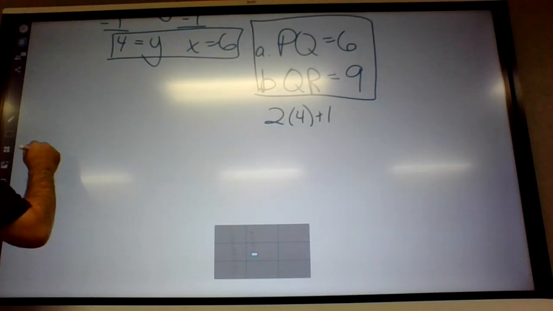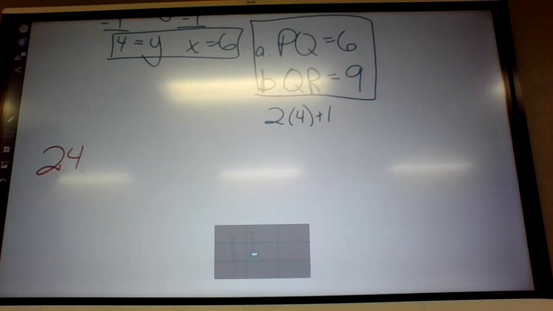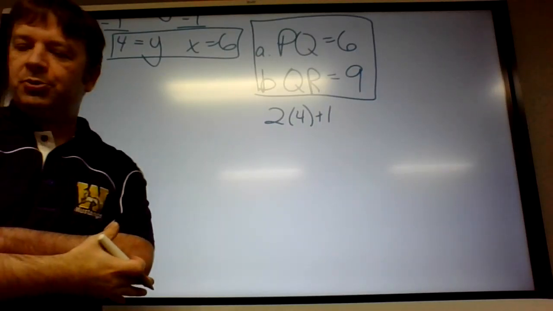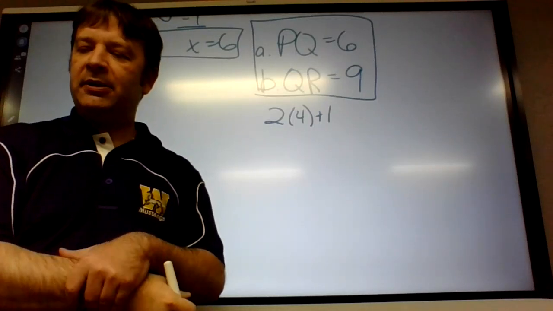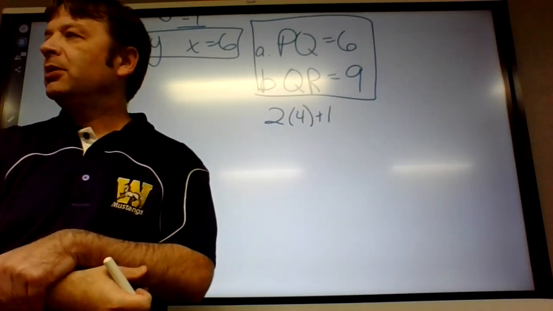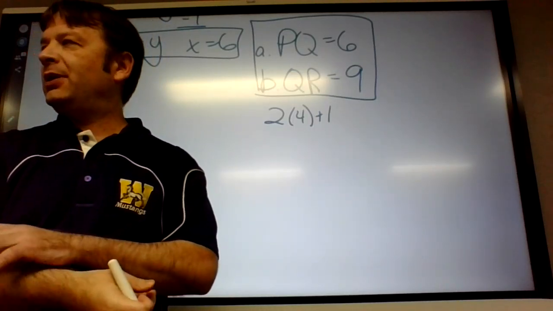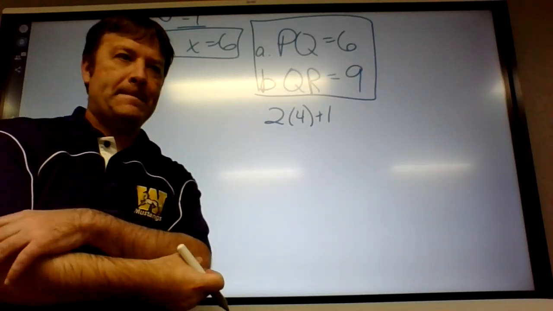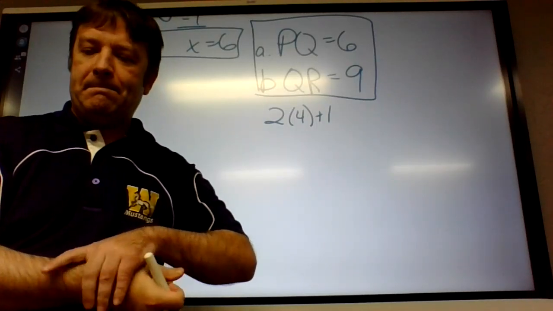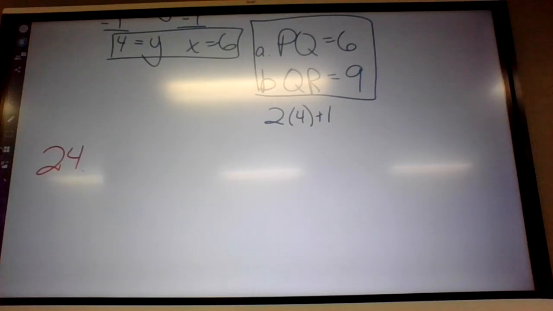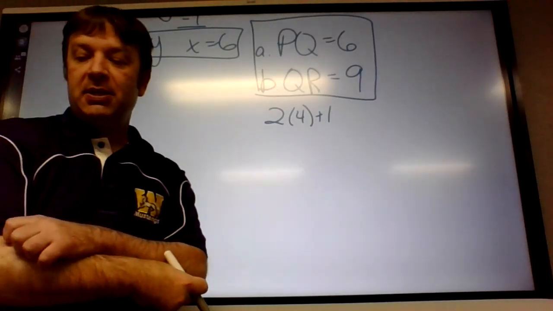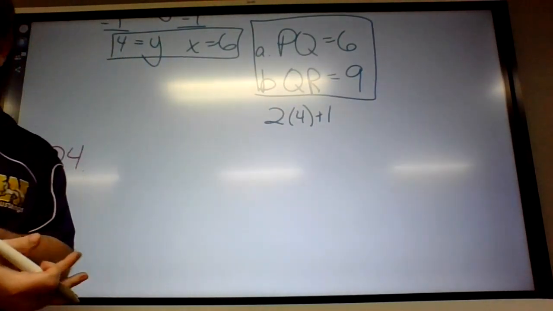You guys start 24. Okay, on 24 it says PV equals something and VR equals something. What do we know about PV and VR? They're both half of a diagonal, equal halves. So PV equals VR, kind of like the one we just did.